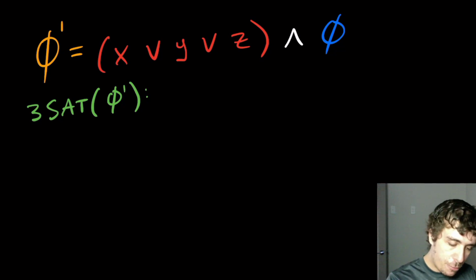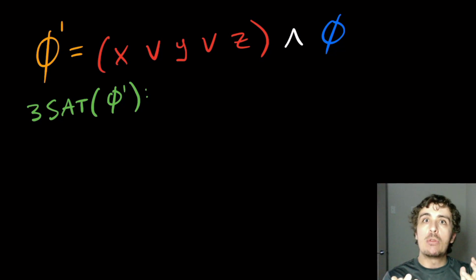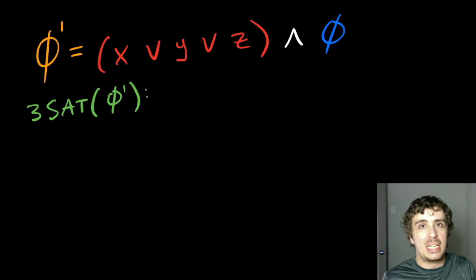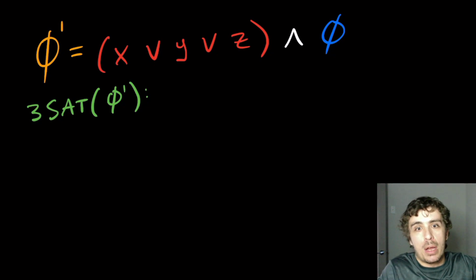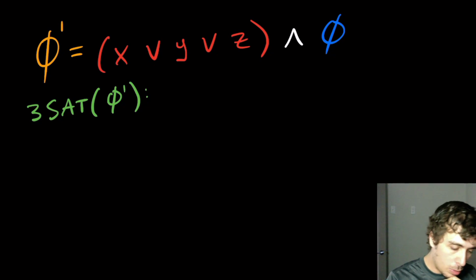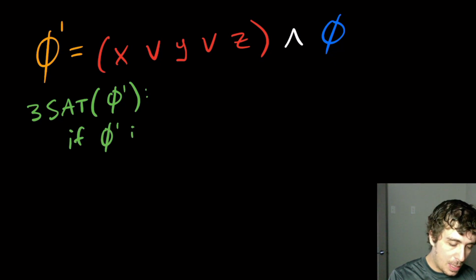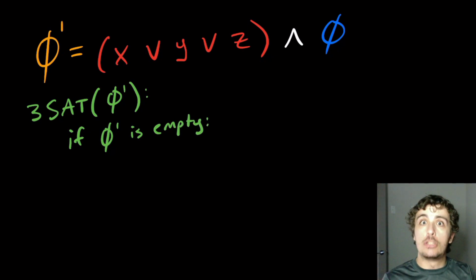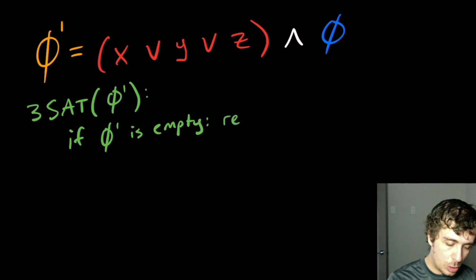Well, this is going to be a recursive algorithm, so we need the base case. What is a base case here for phi prime? Well, phi prime has no clauses in it whatsoever. It's satisfiable automatically. So let's have that right here. If phi prime is empty, then it trivially is satisfiable, so return true.